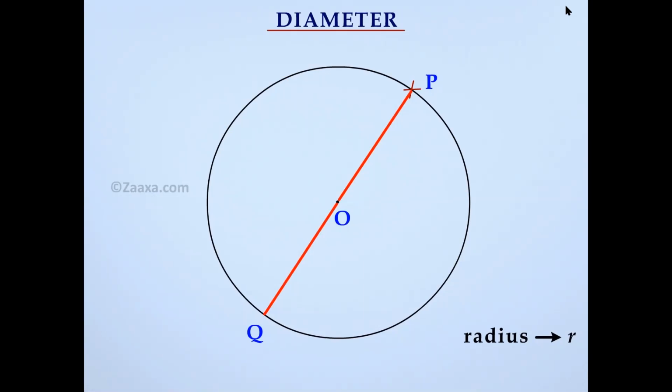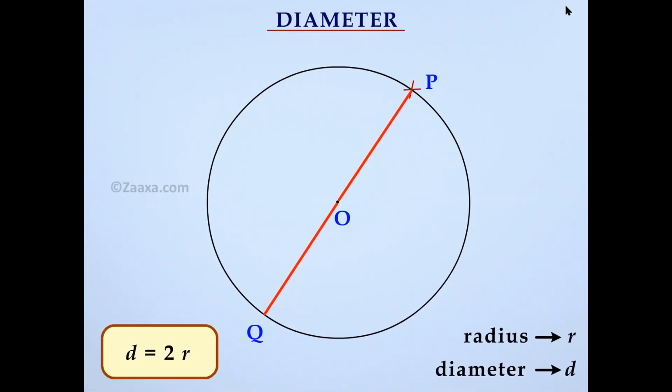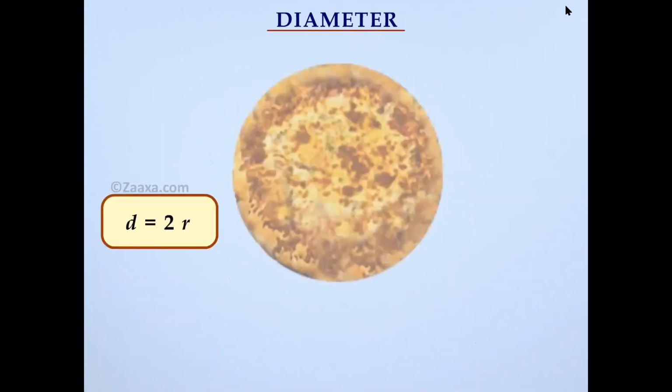We usually denote the diameter by D. Do you notice that the diameter is made up of 2 radii? Hence, diameter of a circle is equal to twice its radius. Hence, we write D is equal to 2R.